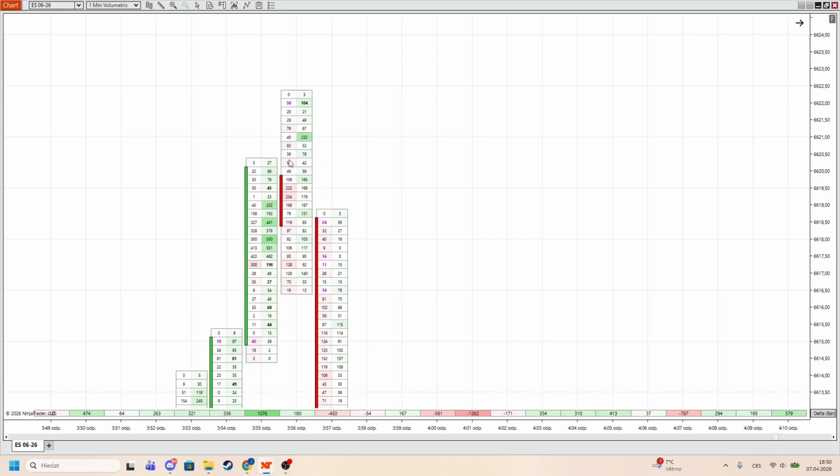But we are looking at the next candle, and right now what we can see is a pretty big delta shift from 1,076 to 180. We can see that only 180 people are buying.